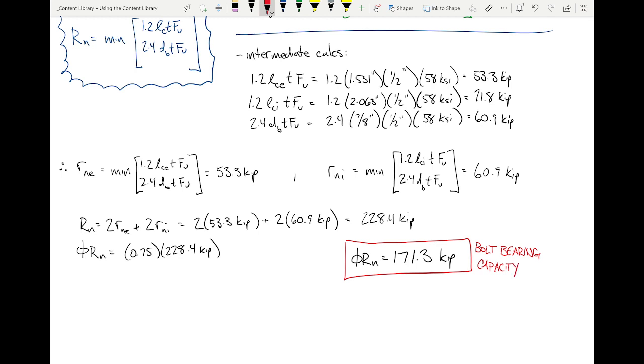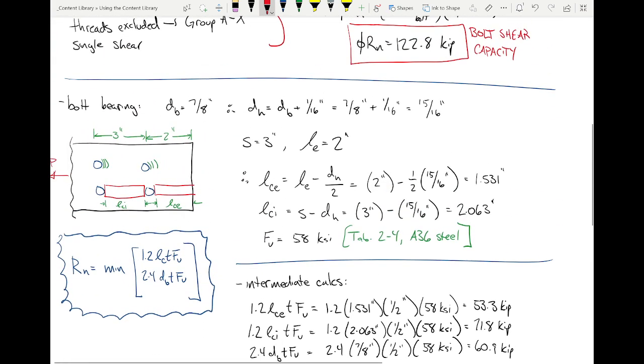Now, Mr. Hale, I think you were getting ahead of yourself, but you're still not, I don't think, wrong, right? What were you saying? Yeah. So unfortunately, we did all this math and it didn't matter, right? Because in the end, if I yank on this connection, what's going on? So the bolt bearing capacity is 171.3 kips, but our bolt shear capacity is 122.8.